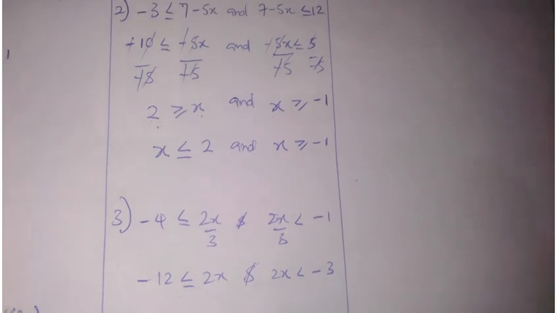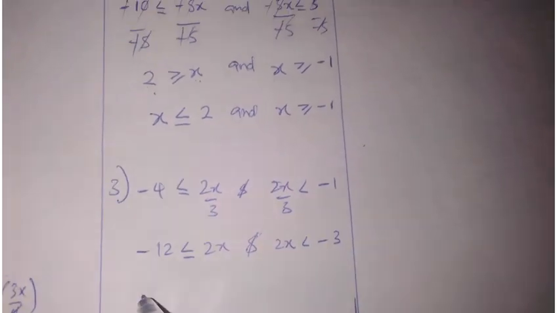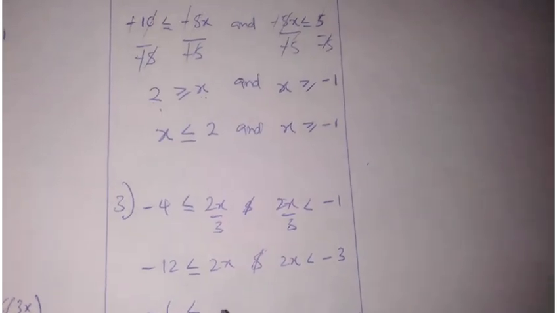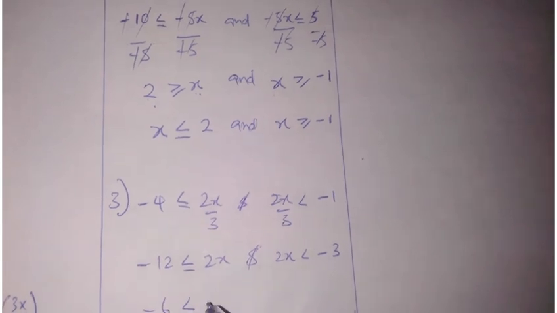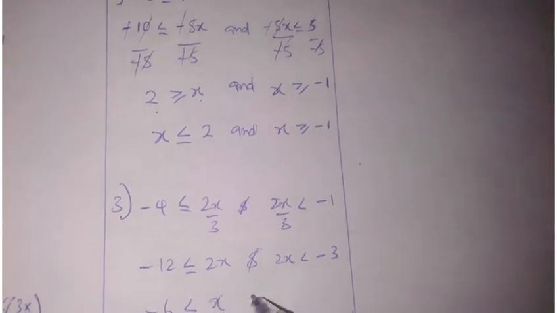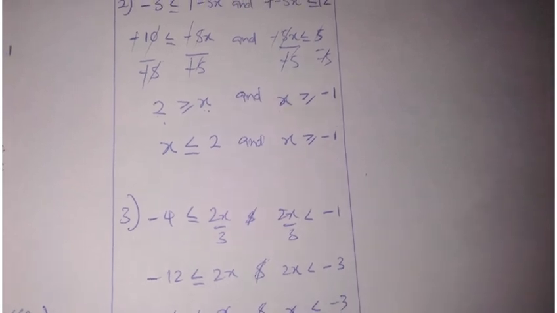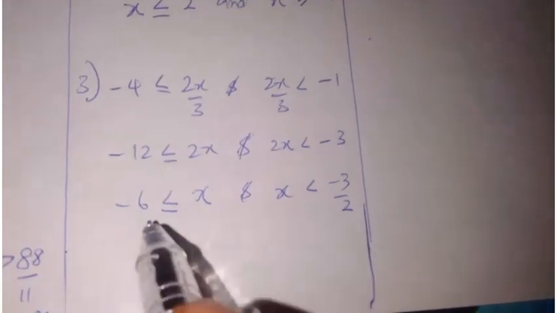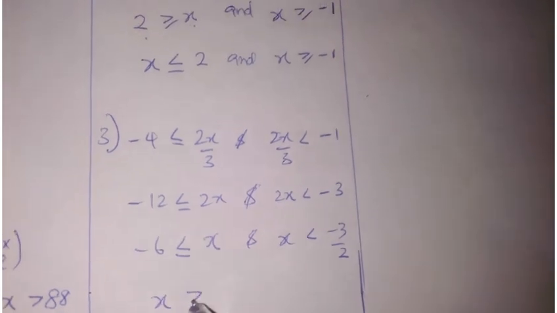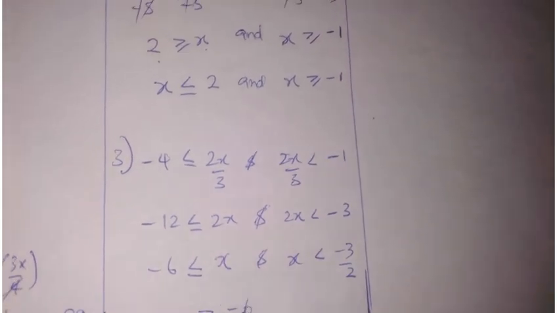So on dividing, what do I have? Minus 6 less than or equals to x, and x less than minus 3 over 2. Now finally, this becomes x greater than or equals to minus 6.